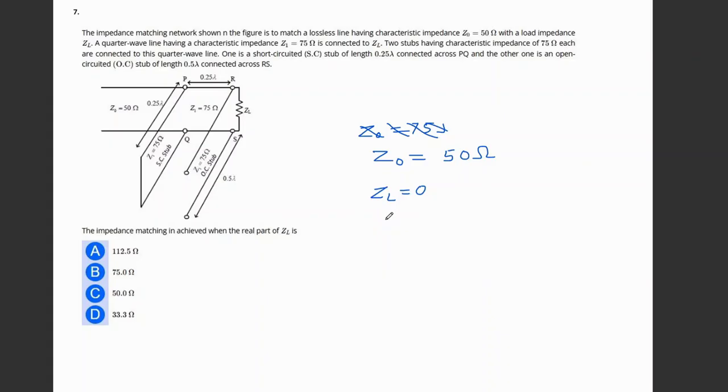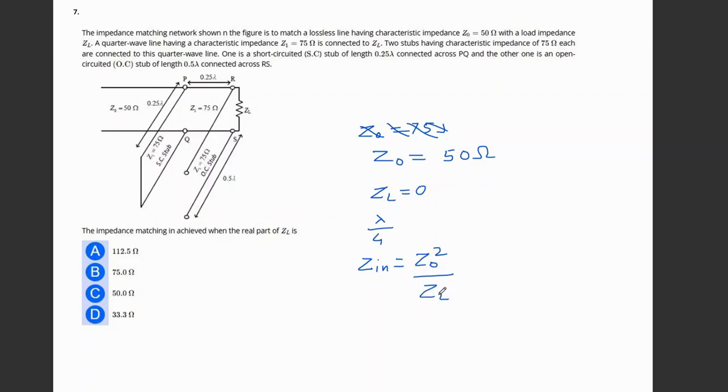that is for a short circuit stub, and if the length of the stub is lambda by 4, which is 0.25 lambda here, then the input impedance is given by Z0 squared by ZL.